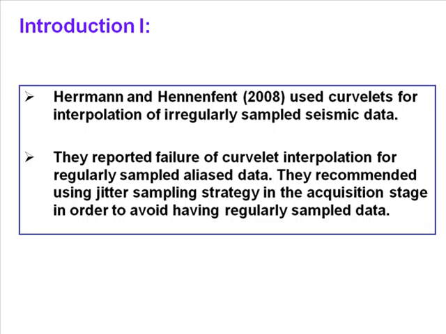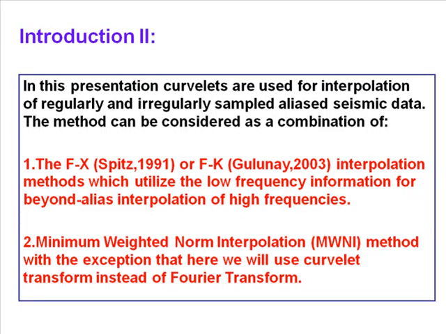Based on that, they recommended jittered sampling. The recommendation was to go and fix the acquisition stage, to try to sample more randomly than regularly. But with this understanding that I got from curvelets, I said maybe there's a solution, and I'm going to show you how I came up with that soon.